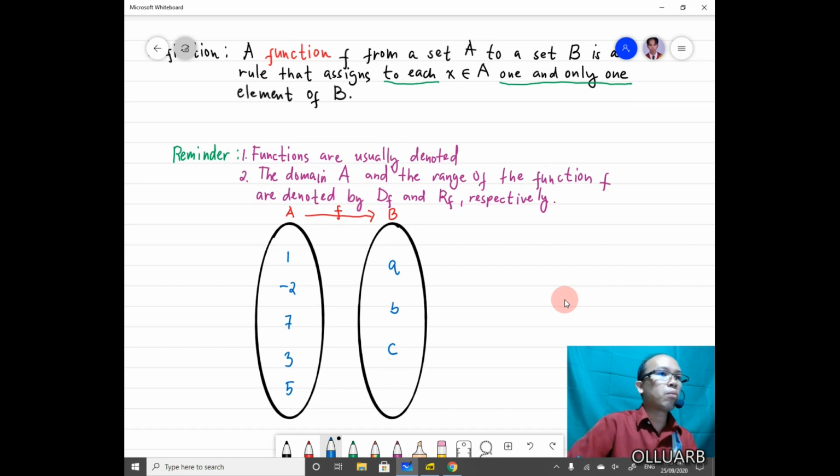Let's have this example. A function says here, you must assign each element. Okay, so let's color this one purple. It says here one and only.